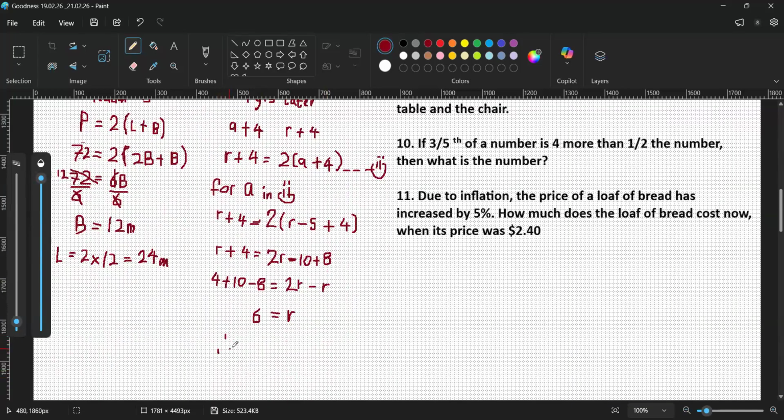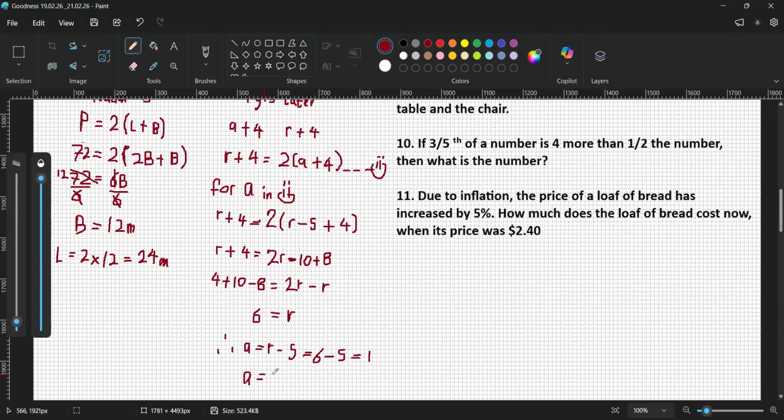Therefore, A is equal to R minus 5, which will be equal to 6 minus 5, which is what? 1. So A is equal to 1, R is equal to 6.